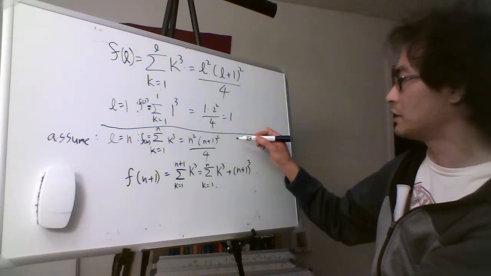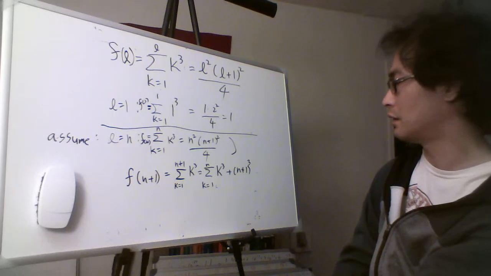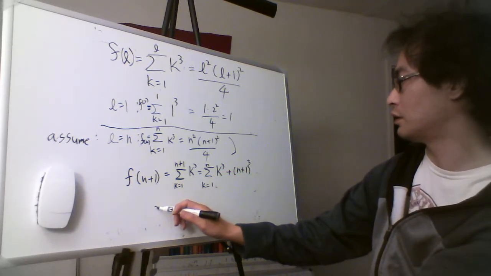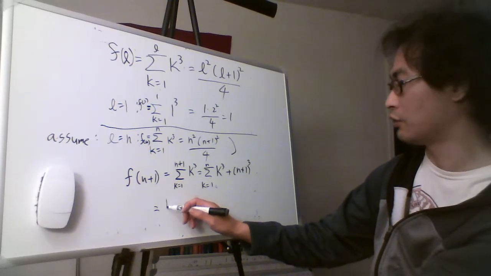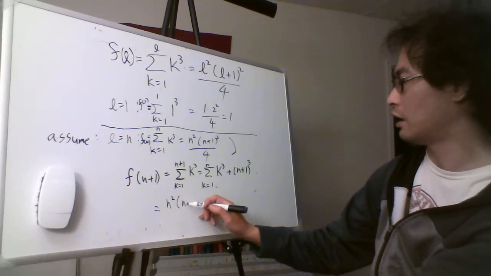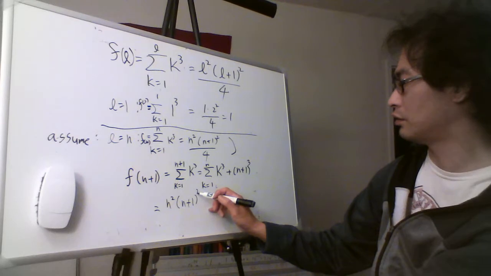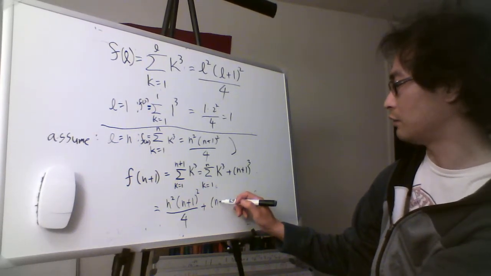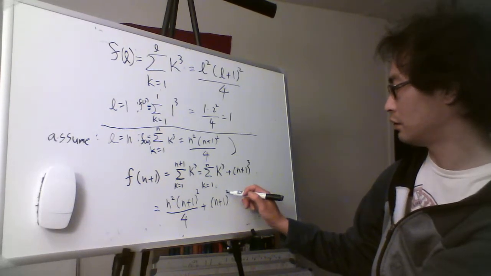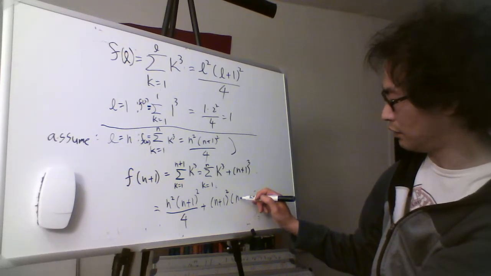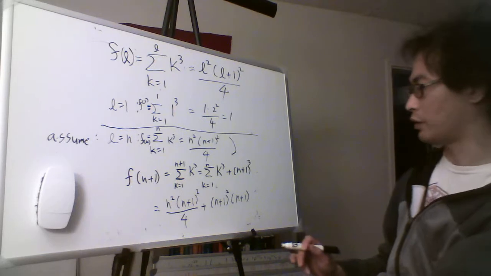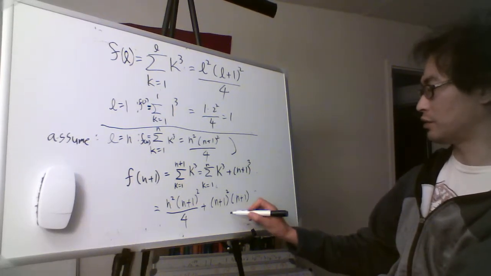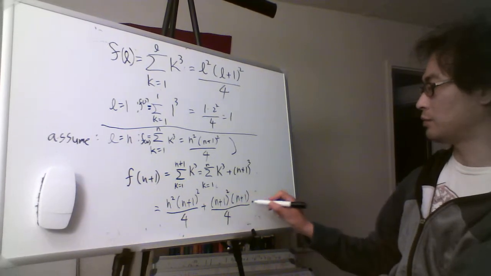But we assume this guy, and that's the same as this guy, right? So this is equal to, we are assuming it, n squared times n plus 1 squared over 4 plus n plus 1 cubed. We can factor this because we can divide by 4 and multiply by 4.